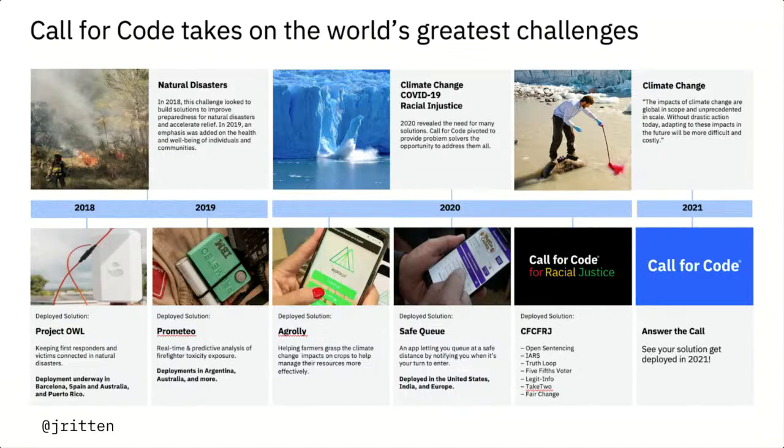For instance, Project OWL is being used in Spain, Australia, and Puerto Rico to help people in natural disasters. It's deployed. Prometeo is in Argentina, Australia, and some more countries as well.